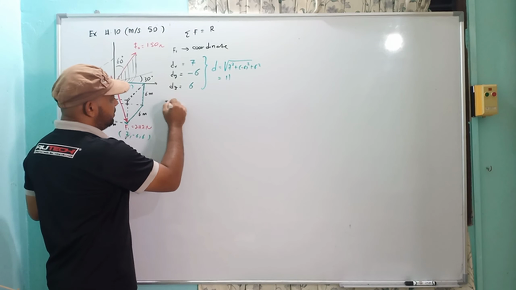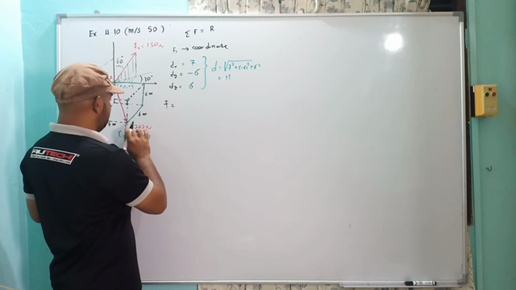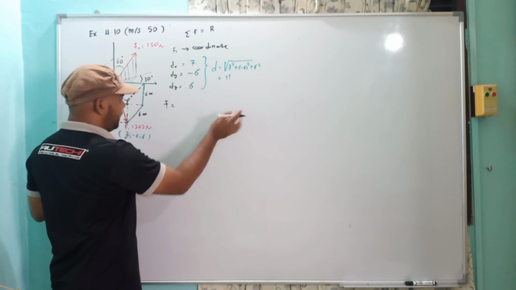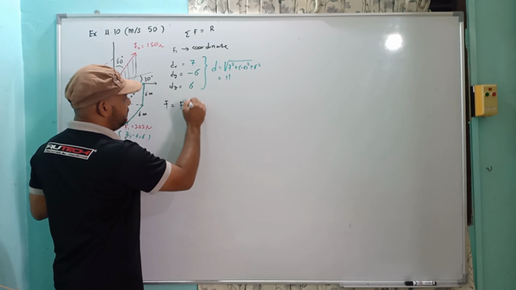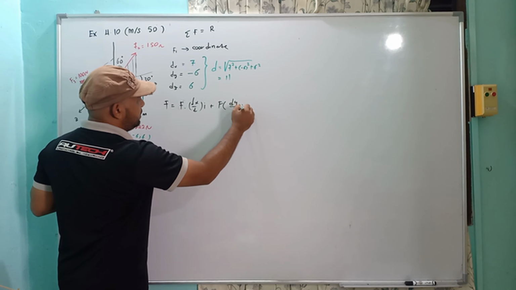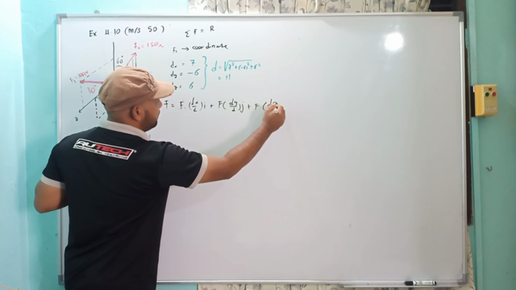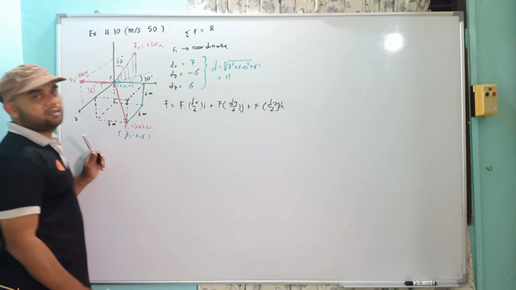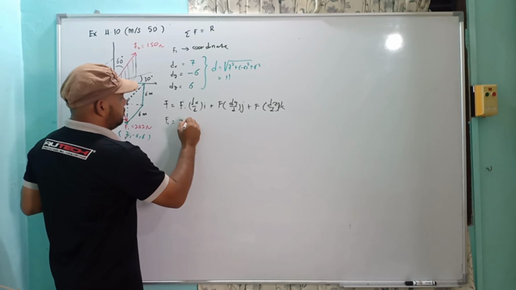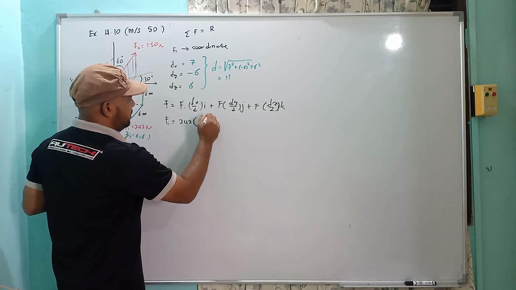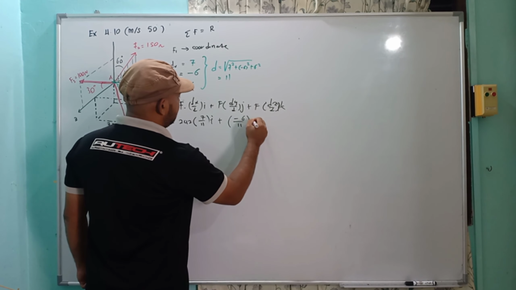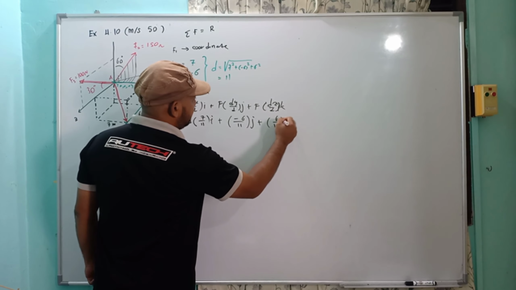So now F1 equal to F, which is 242, times dx divided by D. I write the equation: F dx divided by D I plus F dy divided by D J plus F dz divided by D K. So F1 equals 242 times 7 divided by 11 I plus minus 6 divided by 11 J plus 6 divided by 11 K.